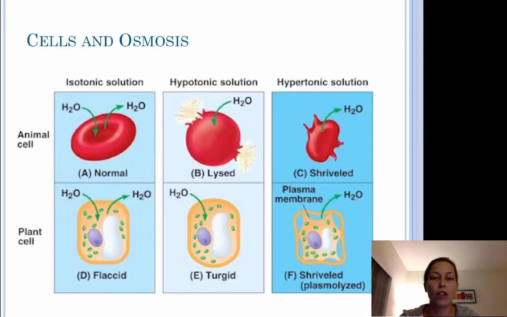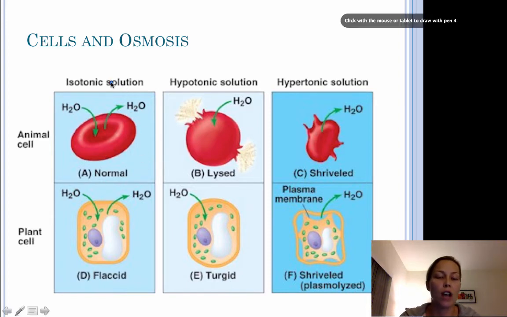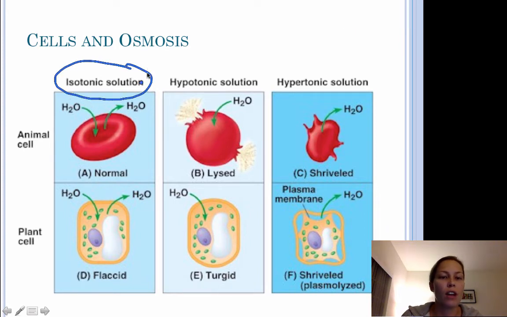So let's take a closer look at what happens to animal cells or plant cells in these different types of solutions. Let's take a look at an isotonic solution first. Here we have an animal cell, a red blood cell.